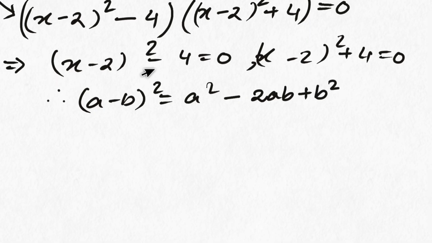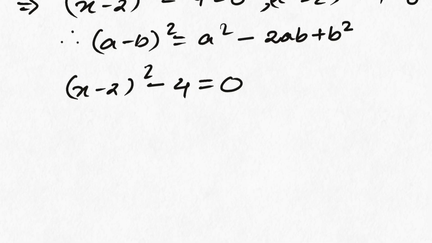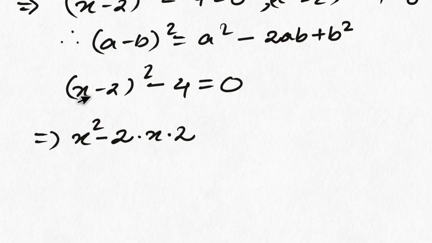All right, let's look at case 1. We have the quantity x minus 2 squared minus 4 equals 0. Using our expansion formula, x minus 2 squared becomes x squared minus 2 times x times 2 plus 2 squared. And we still have that minus 4 at the end, all equal to 0.